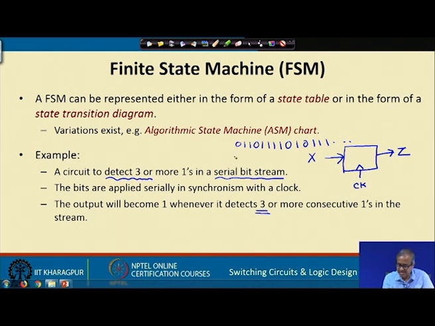In this case the output will be all through 0, out here it will become 1 because there are 3 ones, there are 4 ones, here also it will remain 1, again it will become 0 and again it will become 1 out here because there are again 3 ones. So, we want to design a circuit like this, right.